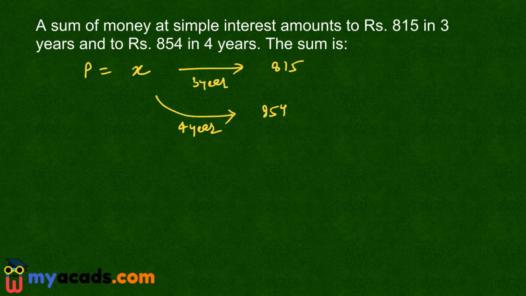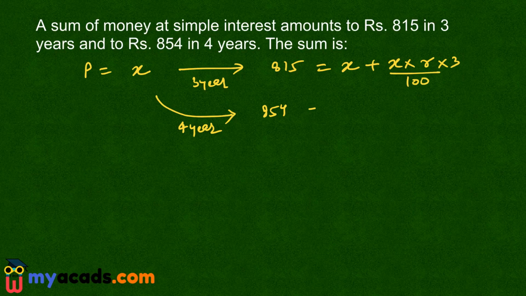So it means 815 is the original principal plus the interest. The interest is principal, that is X. Let the rate of interest be R% per annum and the time period here is 3 upon 100.